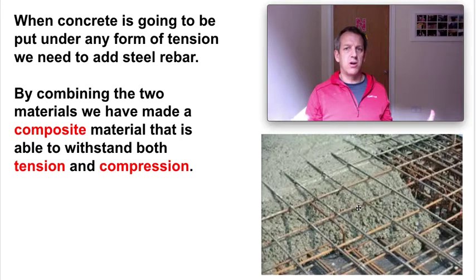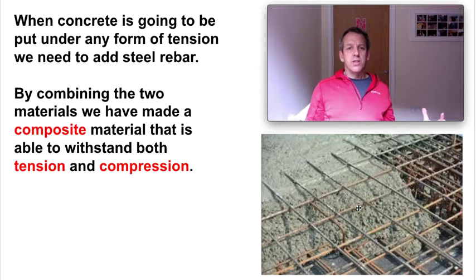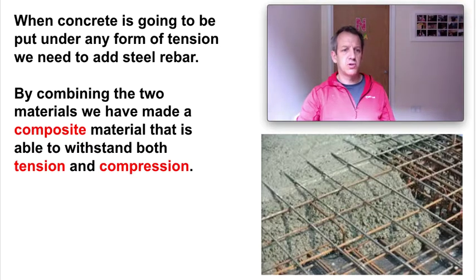Now we don't drill a hole and put it inside. We pour the concrete as a liquid around the steel, okay? And we'll come to in more detail later on how we do that. So with the two materials together, now we've got a material that's good in both tension and compression, and we can call those kinds of materials composite materials.